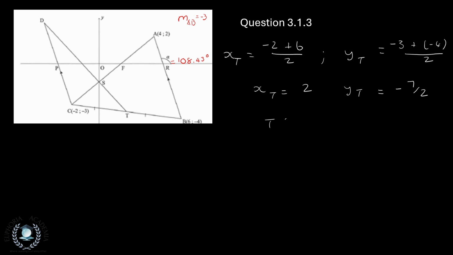Therefore, the coordinates of T are 2 and minus 7 over 2.